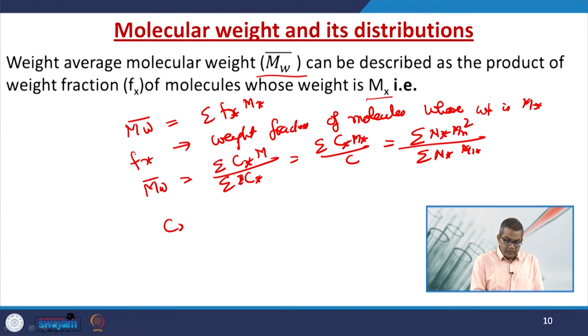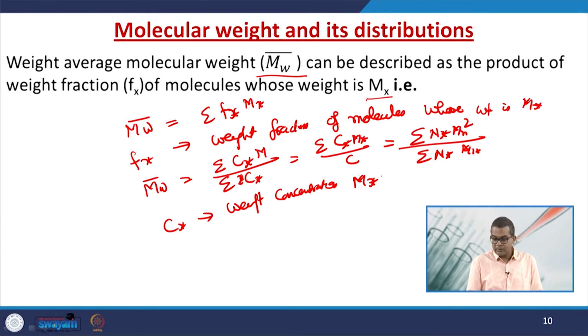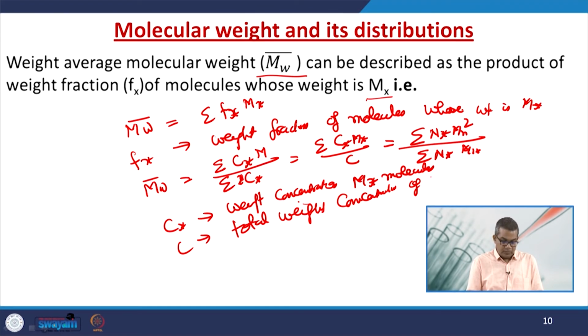Here Cx is the weight concentration of Mx molecules, and C is the total weight concentration of all polymer molecules.